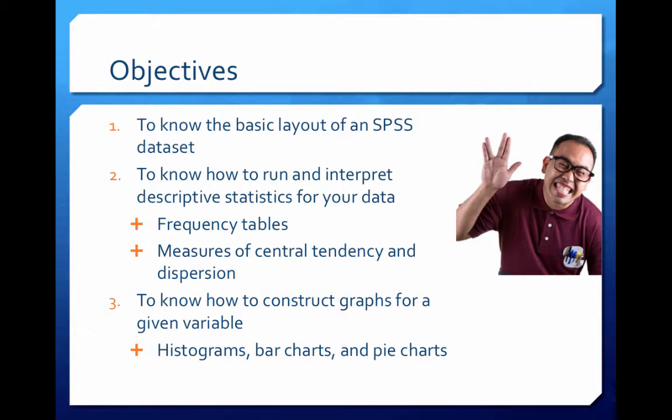We've seen these in the midterm, we've seen these in homeworks. So really it's just a matter of how do we run these types of tables and how do we create them ourselves. We also want to learn how to construct graphs for any given variable, and we'll learn specifically how to make histograms, bar charts, and pie charts.